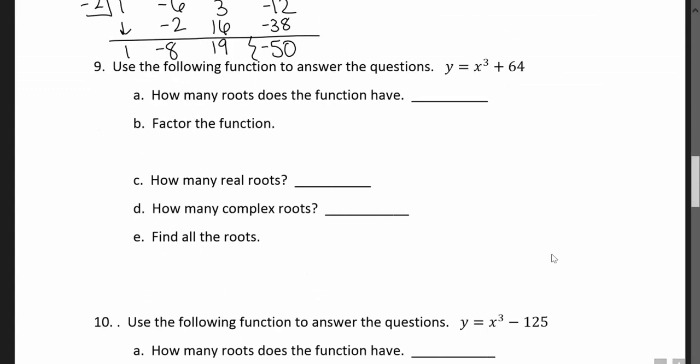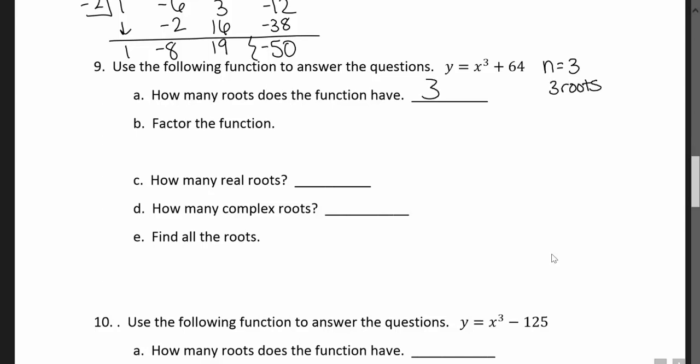Now let's work on 9 and 10. Use the following function to answer the questions. Y of x equals x cubed plus 64. How many roots does the function have? Well, if I look at my degree, it is 3, which means there will be 3 roots.